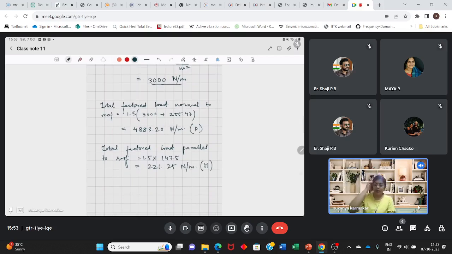Now, the maximum moment due to load P will be PL by 10 because it is a continuous beam.